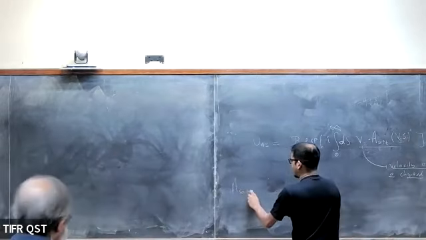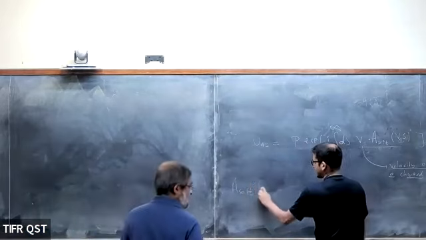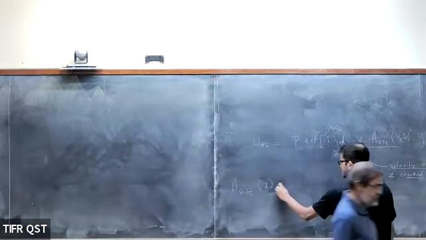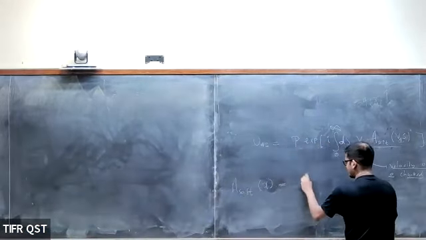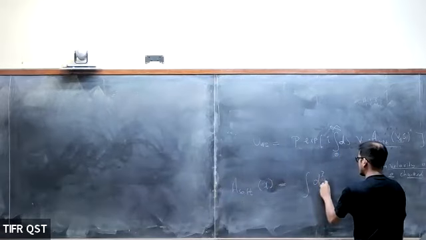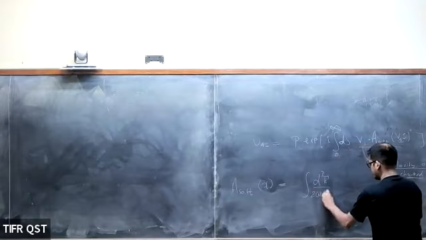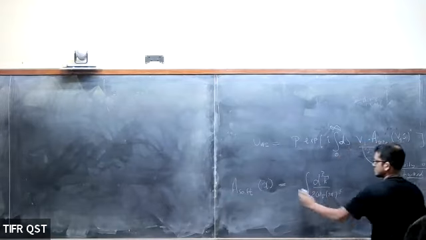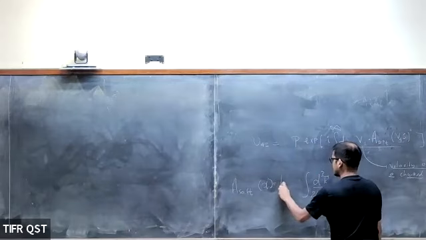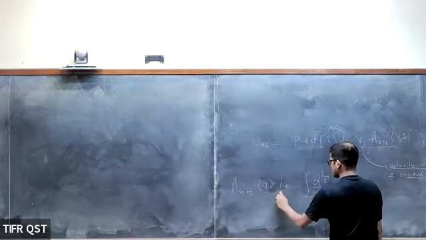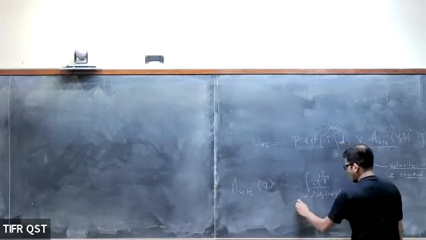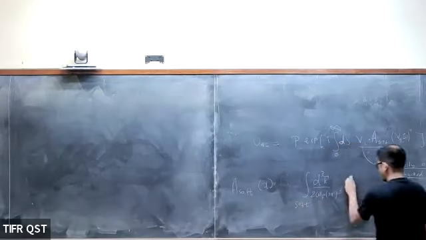Let me define A soft at a point x as follows. It's really just a soft photon field. I will explain the notation.